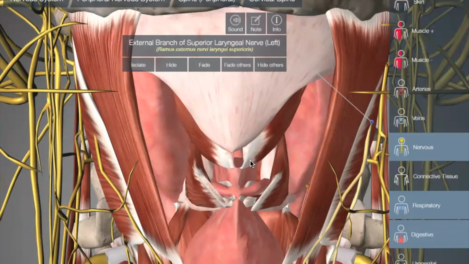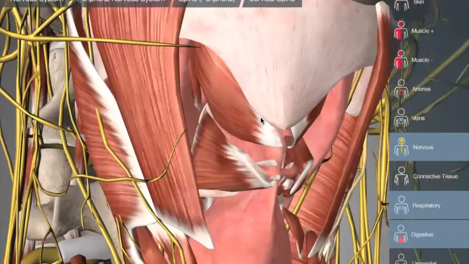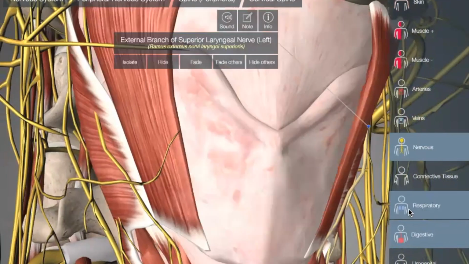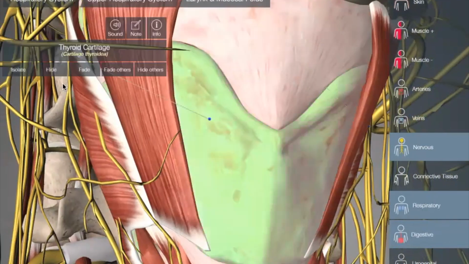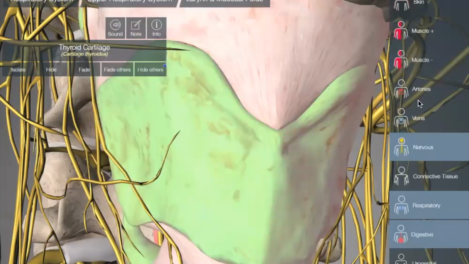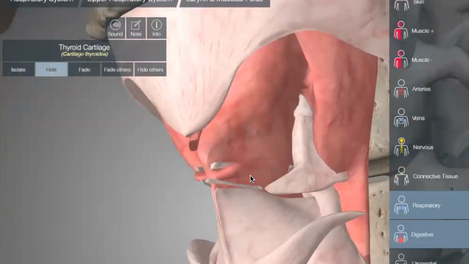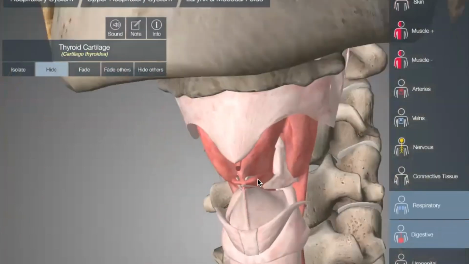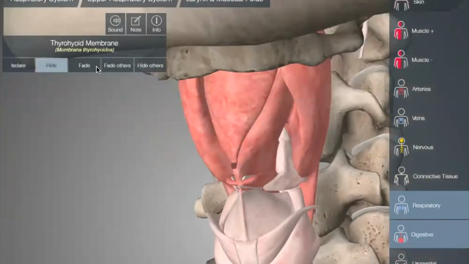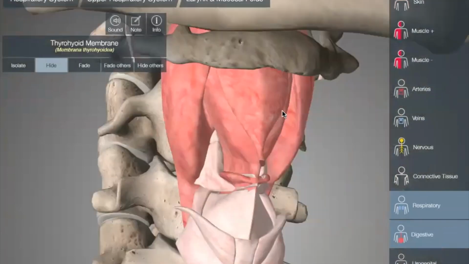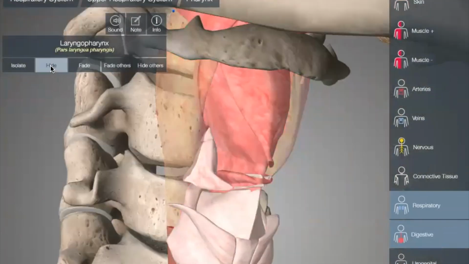Superior laryngeal. I'm gonna decrease the muscles. I'm gonna remove the nerves. I'm gonna hide this. The superior laryngeal, as we said, or the structure that we discussed before, I'm gonna remove the pharynx.